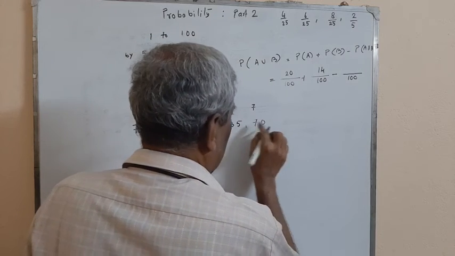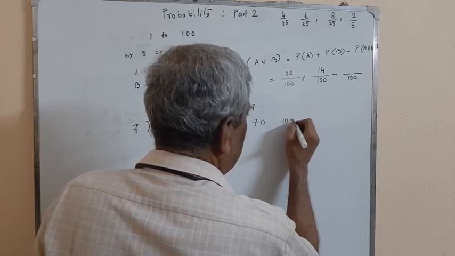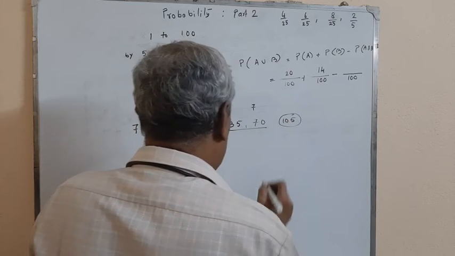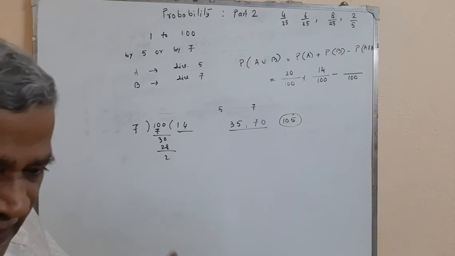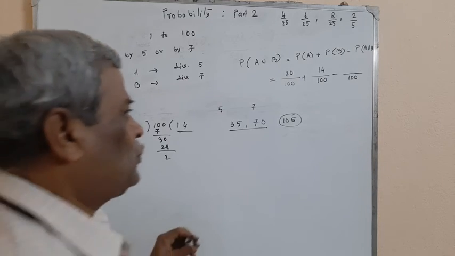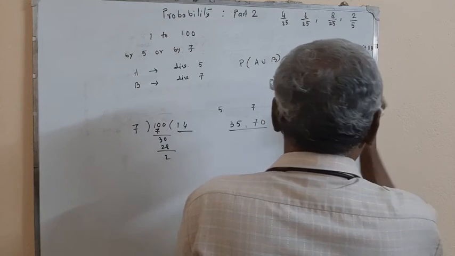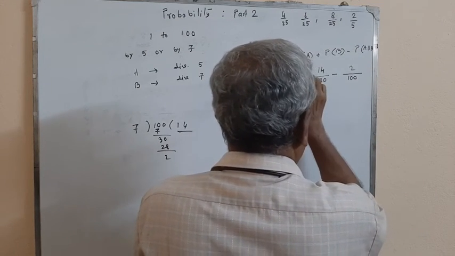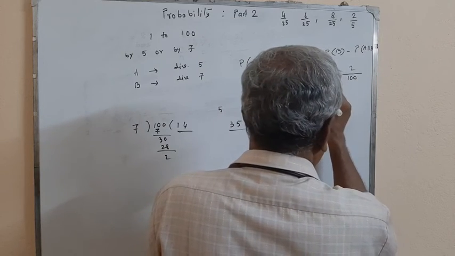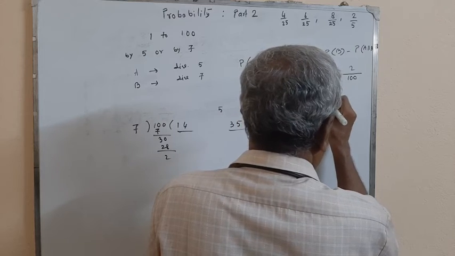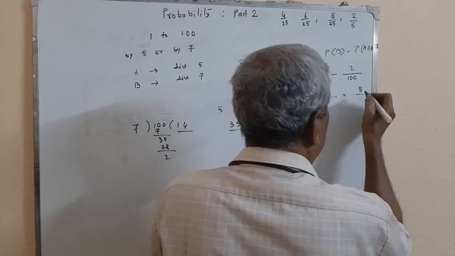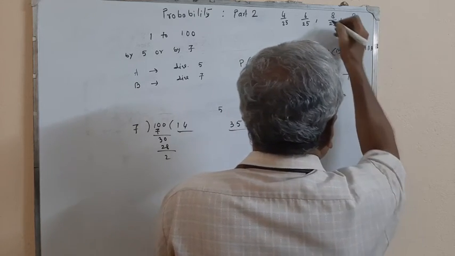Next comes 105, but 105 is not within that. So there are two cases, 35 and 70, which are divisible both by 5 and by 7. So 2 is the favorable case. So our answer is 20 plus 14, 34, minus 2, 32 by 100. Cancelling by 4, it is 8 by 25. So this is the correct answer.